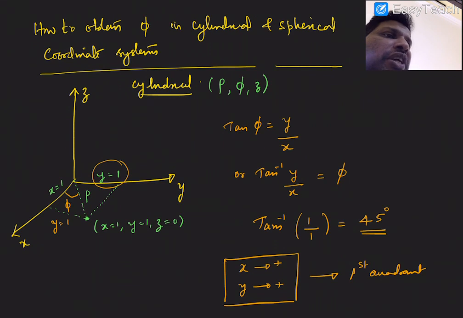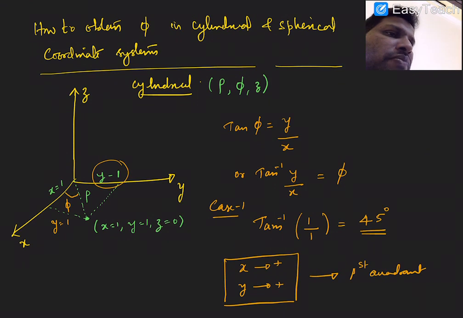So we will see this as case 1 and now case 2. In case 1, what is the highlight? x is positive and y is also positive. So this is the highlight.